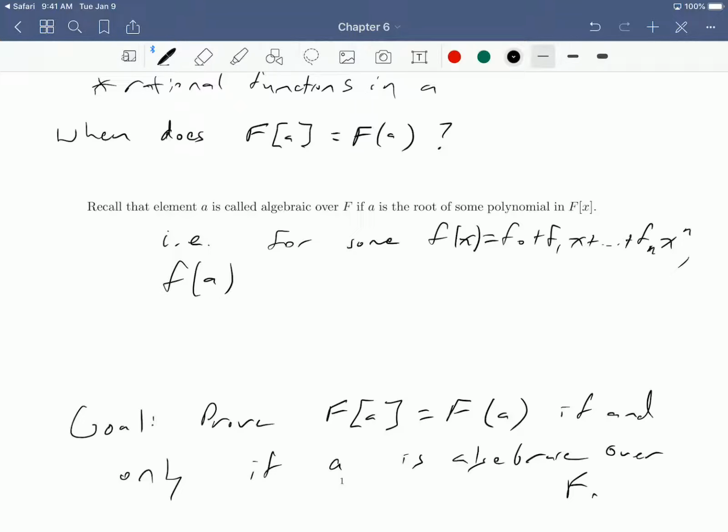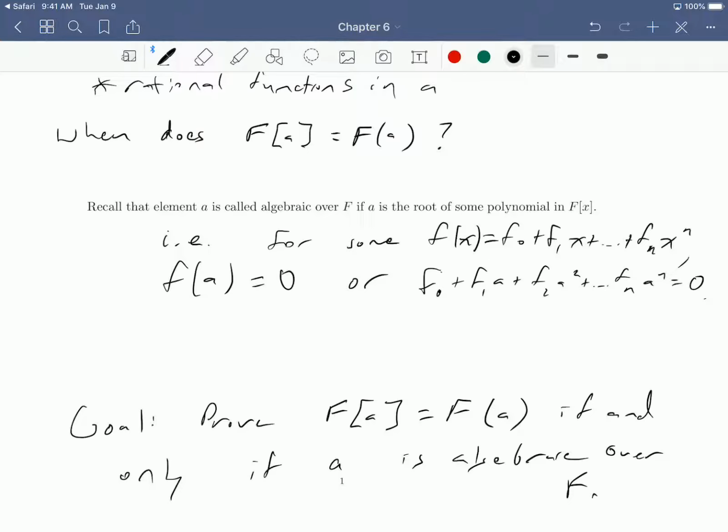For that polynomial, when I plug in a, I get 0 out. Another way to write that down is that I can do f0 plus f1a plus f2a squared dot dot dot up to fn a to the n is equal to 0. And both of those ways of thinking about it are going to be useful to us.